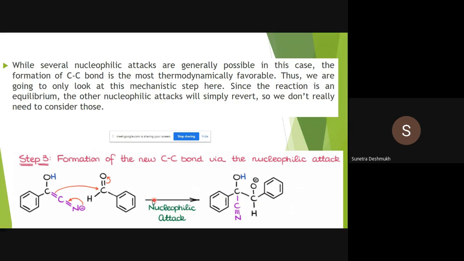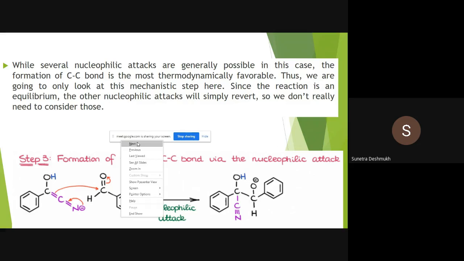This carbanion on the carbon atom is mechanistically favorable as well as thermodynamically stable. So in this way, a new carbon-carbon single bond forms via nucleophilic attack of this previous resonance stabilized nucleophile, or carbanion, you can say.